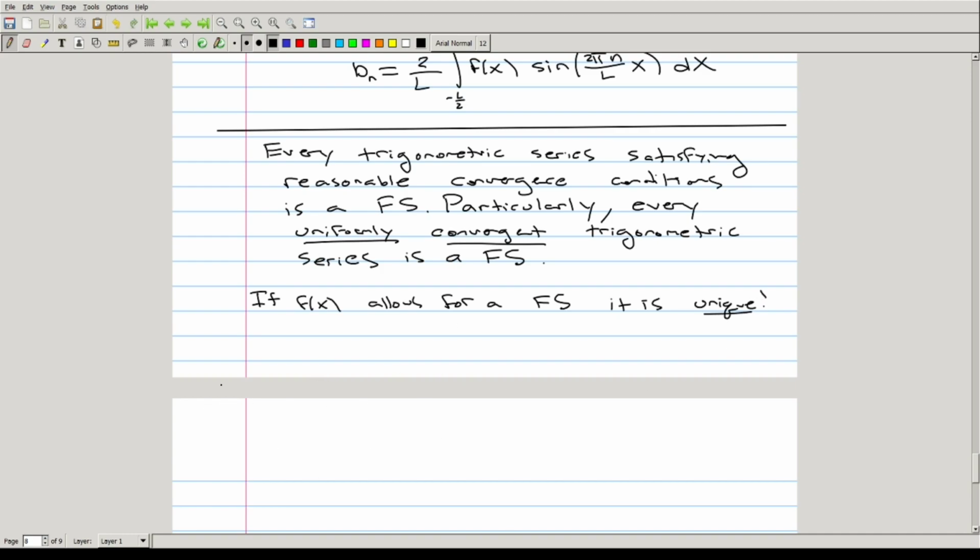And this can be made by noting that the functions involved in the Fourier series are all linearly independent from one another.